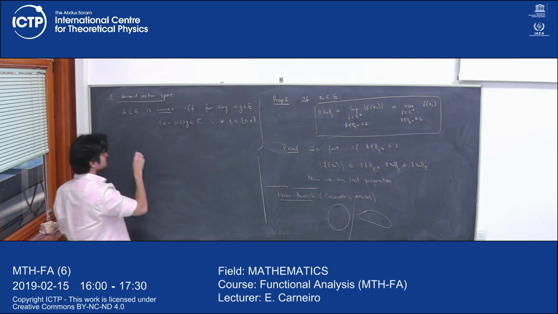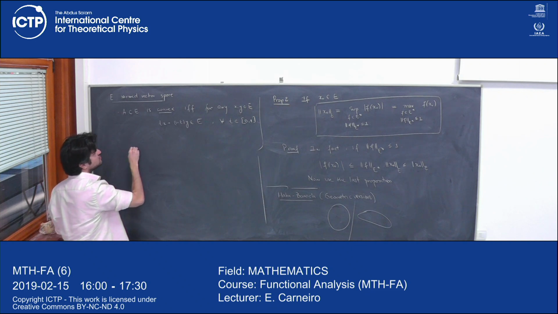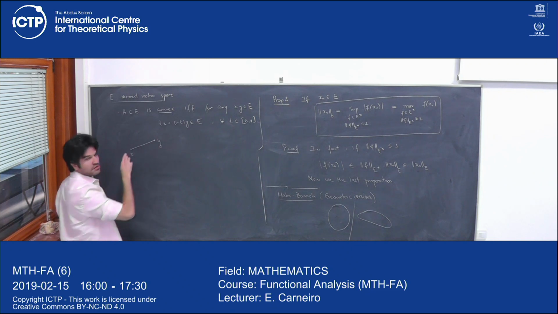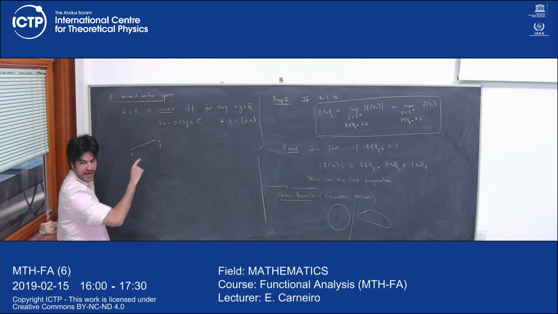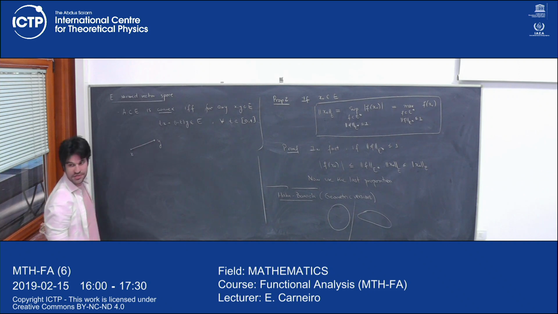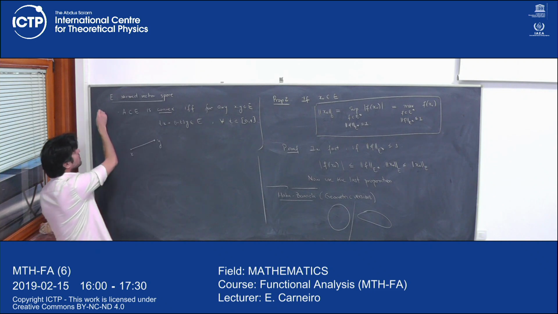Okay? So this just means that if x belongs to your set and y belongs to your set, the whole line segment that connects x and y belongs to your set. This is the definition of convex.